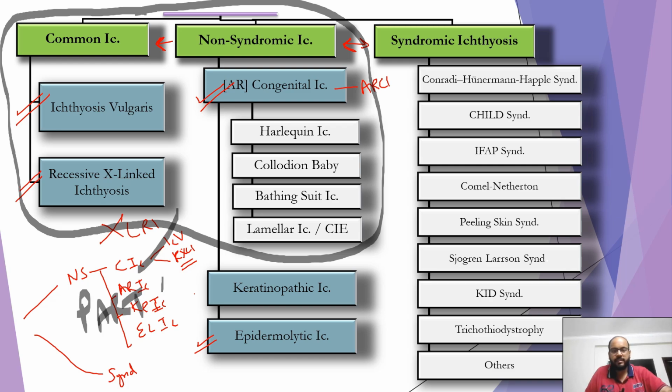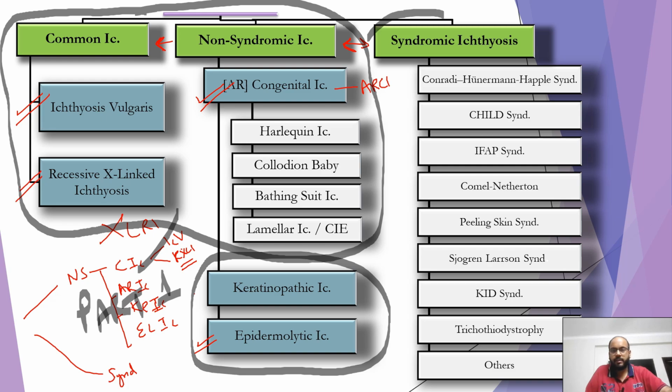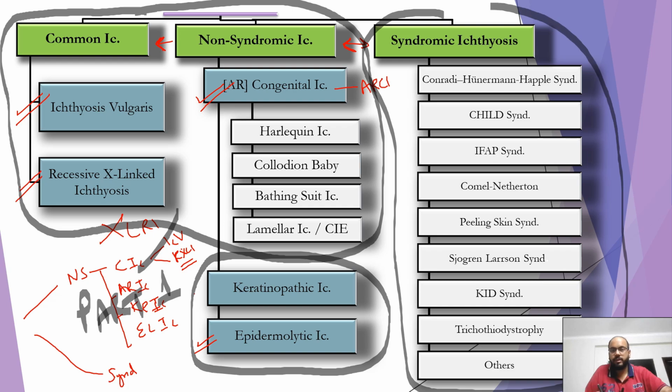Next week, we'll discuss part 2, which has keratinopathic and epidermolytic ichthyosis. And in part 3, you will have all the other syndromic ichthyosis. Without much further ado, we will start this lecture from part 1 of ichthyosis. So let's move forward.